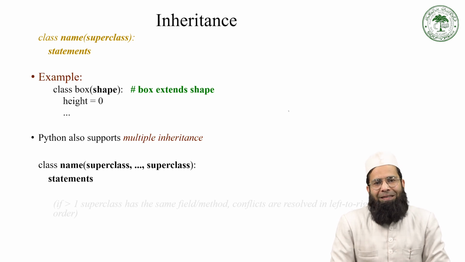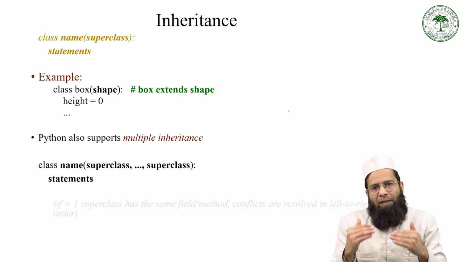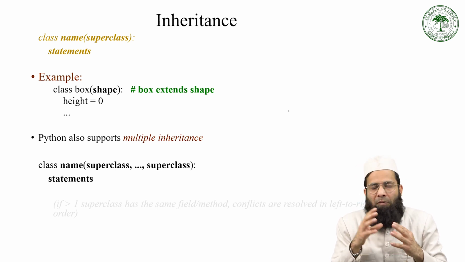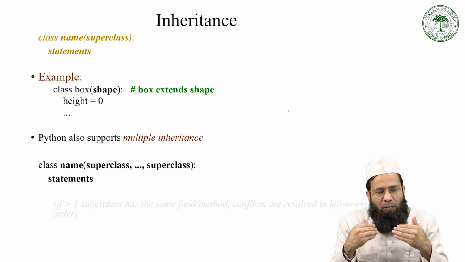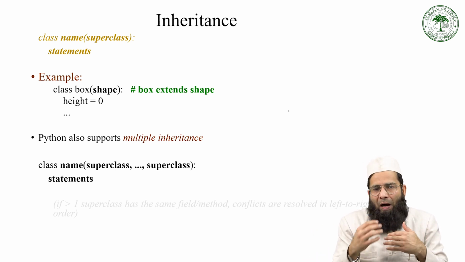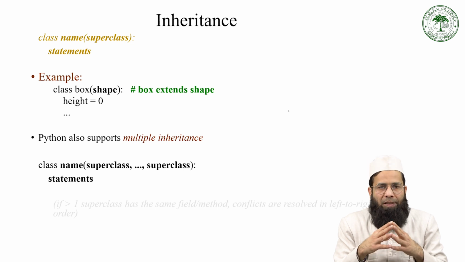So, first of all, what is inheritance? I have already discussed the concept behind inheritance. Inheritance is a property of the object-oriented programming concept, or you could say programming paradigm, where we want to reuse an existing class.